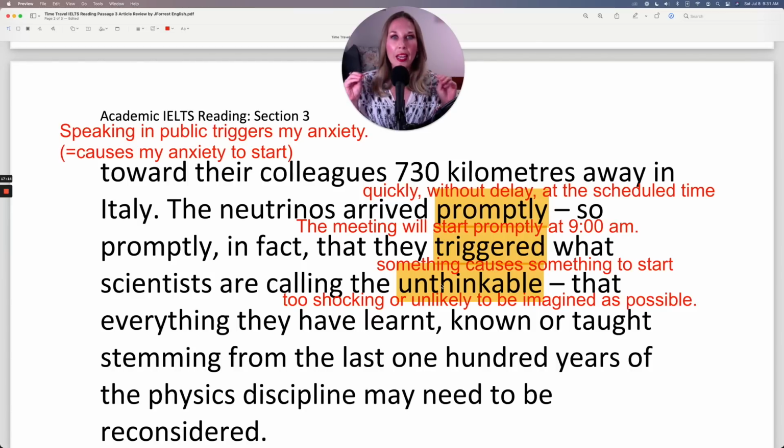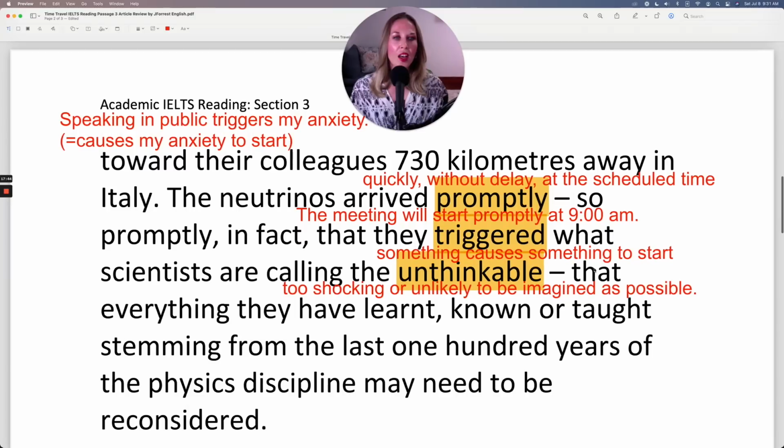Language was not invented. A human being never uttered, which means spoke, never uttered a word, never spoke a word, ever. Could you even imagine how we would interact with each other? It's unthinkable. It's so shocking and unlikely we can't even really think about it. So time travel is another thing that's just unthinkable. Can you imagine what life would be like if we could time travel?